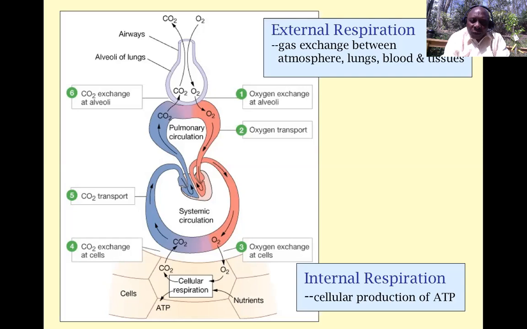The third function is temperature regulation. In humans, it's the skin that's the primary system that regulates temperature. But in dogs, it's exclusively the respiratory system.